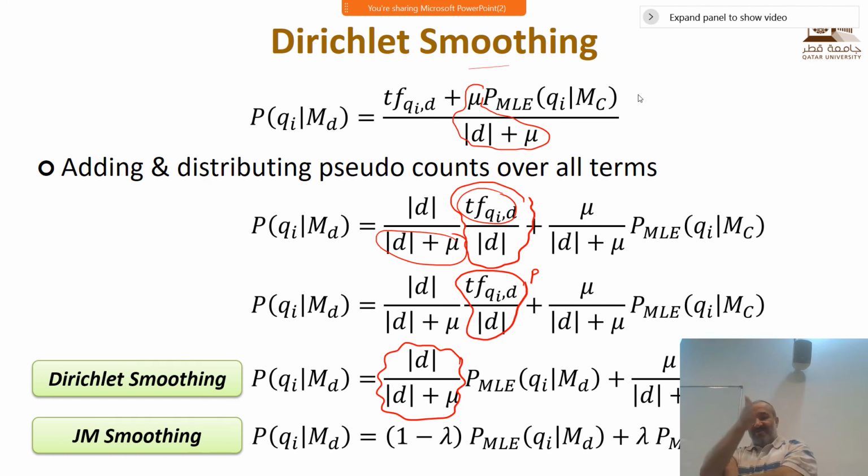Because if the document is long, the numerator will be very close to the denominator, which means that the mixture will have higher weight towards the foreground model and much lower weight for the background. And I hope that now you understand what we mean by the mixture model, right? How much probability you will get from the foreground, which is document dependent, and how much is left to get from the background.